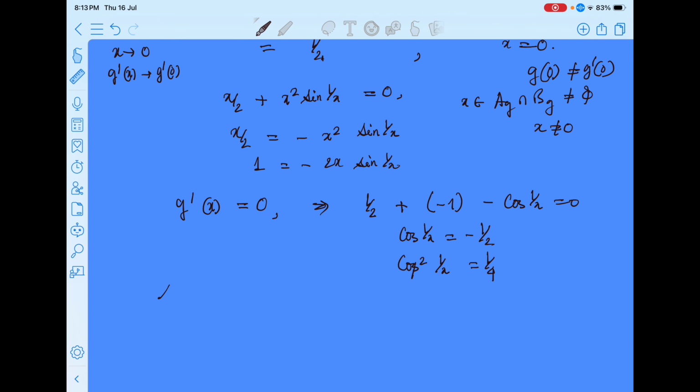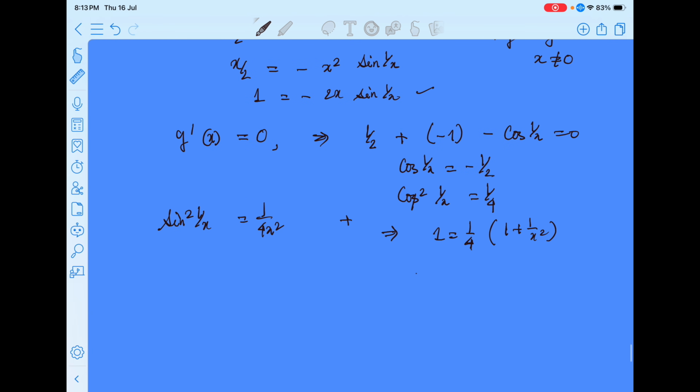Okay, and sin²(1/x) equals 1/(4x²) by this equation. So just add them, you will get 1 equals 1/4 (1 + 1/x²), right? Then 1 + 1/x² equals 4.